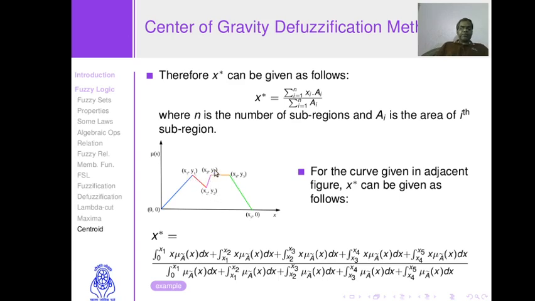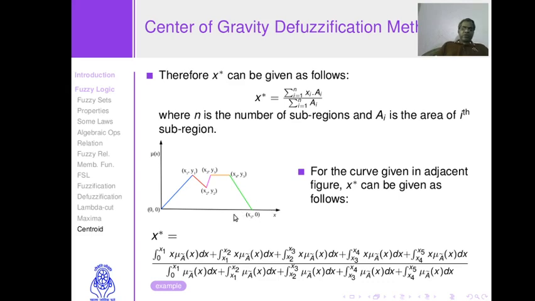For magenta it is (x2, y2) and (x3, y3). For the yellow line it is (x3, y3) and (x4, y4), and here it is (x5, 0). These are the endpoints for the green colored line.